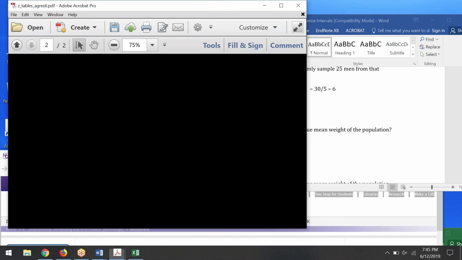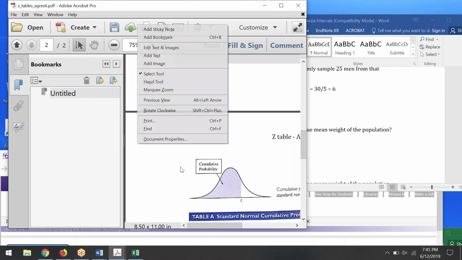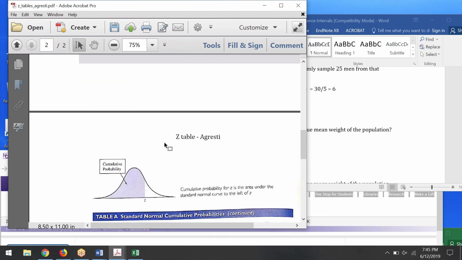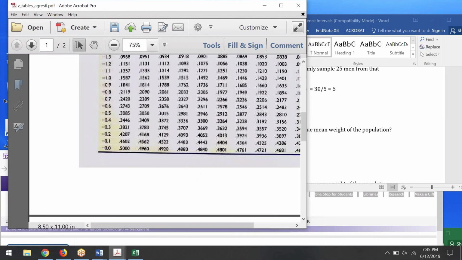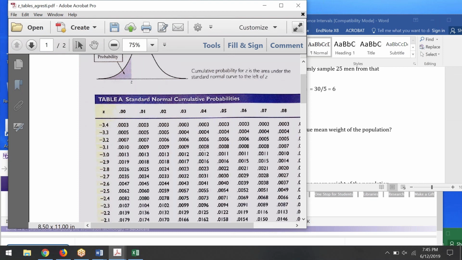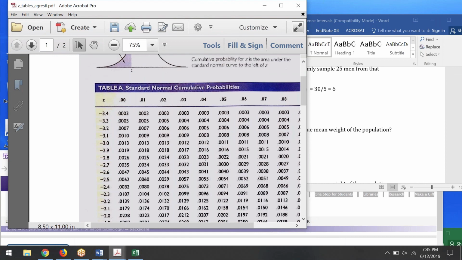Okay, here's my Z table, and I want to know, for instance, what Z-score, what number of standard deviations represents an area to the left of 2.5% and an area to the right of 2.5%. Let's look for the areas, not the Z-scores.